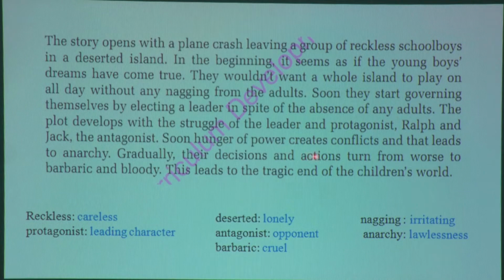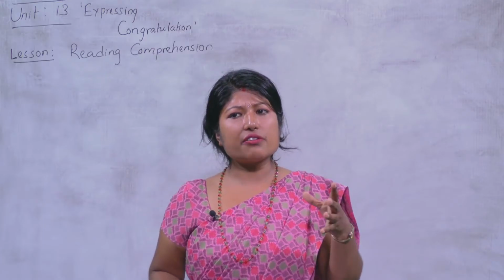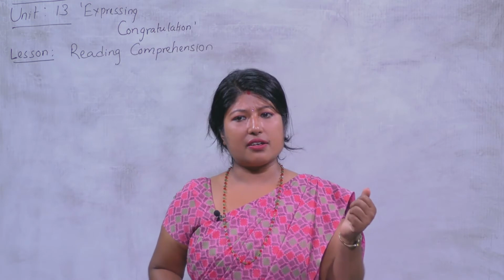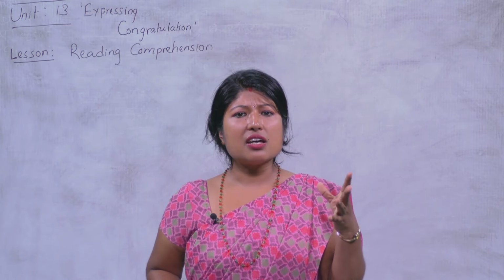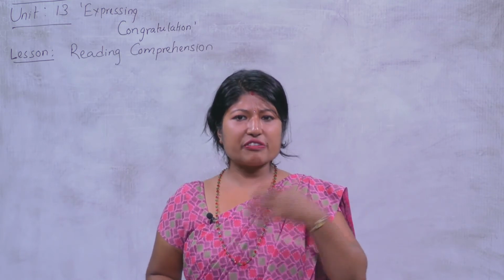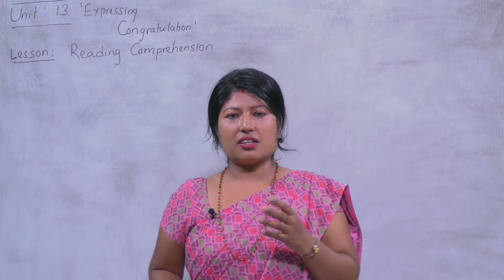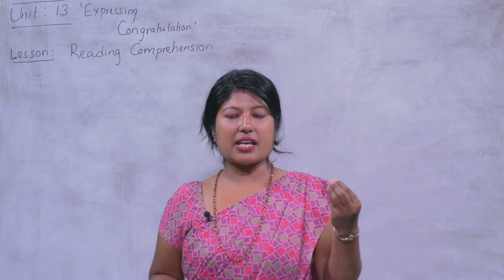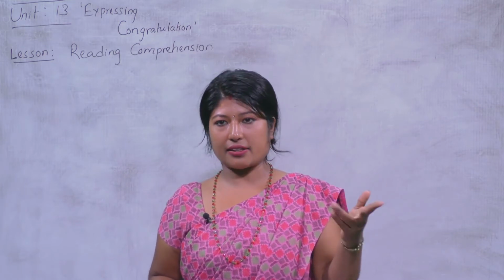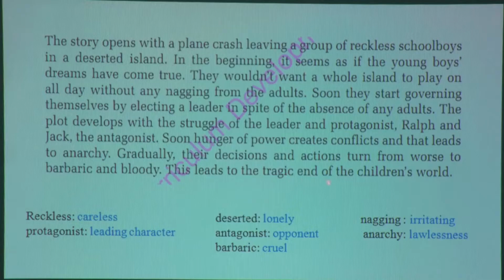Gradually, their decisions and actions turned worse, barbaric and bloody. Barbaric means cruel. It was cruel, bloody, mean even, killing, fighting, and very unpleasant activities started to take place over there on the island. This leads to the tragic end of the children's world. So there was a tragic end.